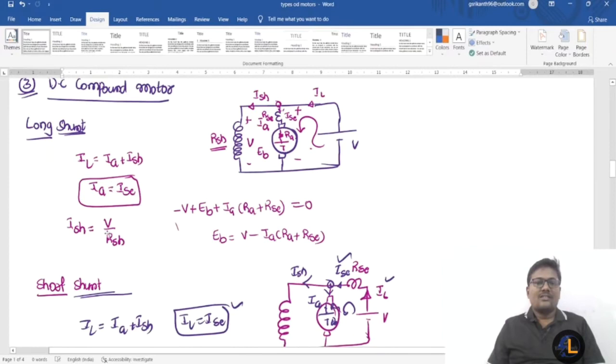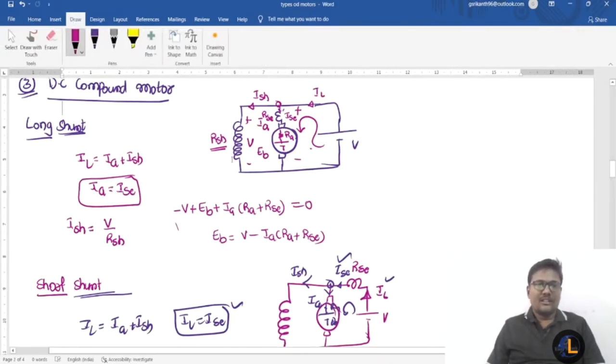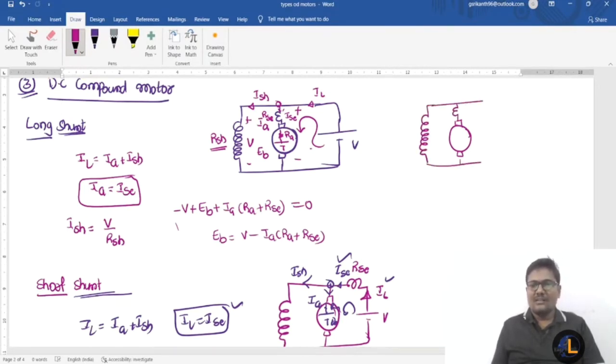And the next one is the DC compound generator. Compound means one more winding is also introduced. This is the armature, and the series field winding is connected in series with the armature. The shunt field winding resistance is RSH, and the current flowing through it is ISH.